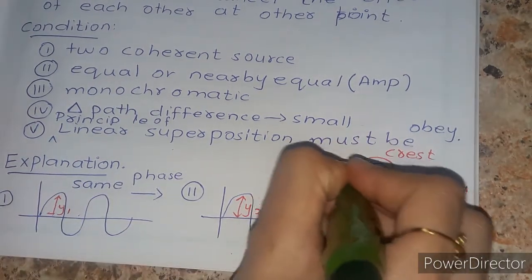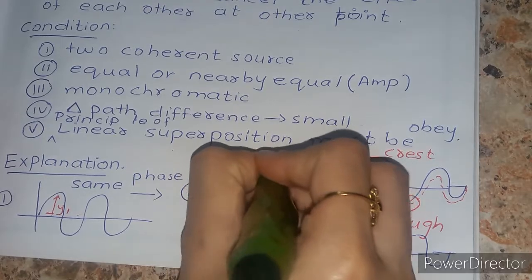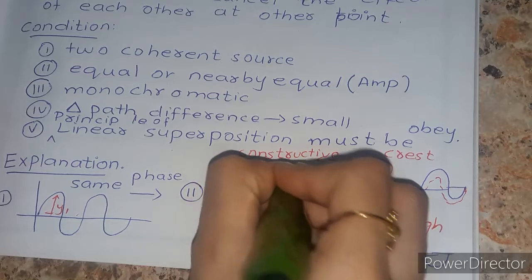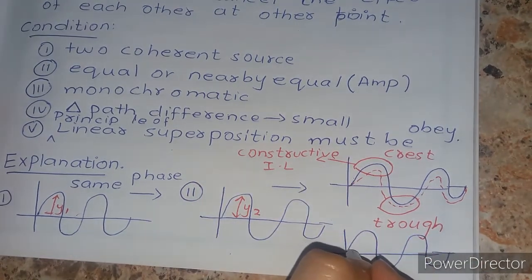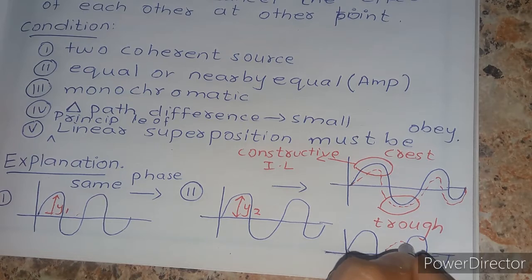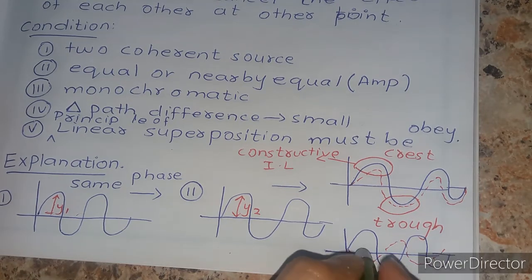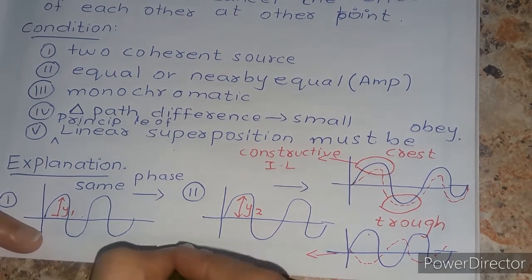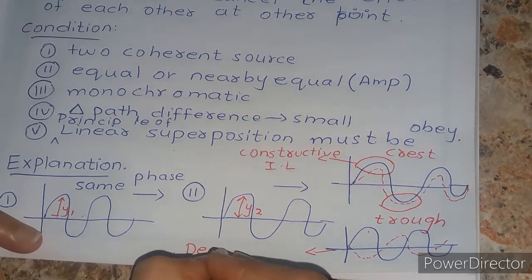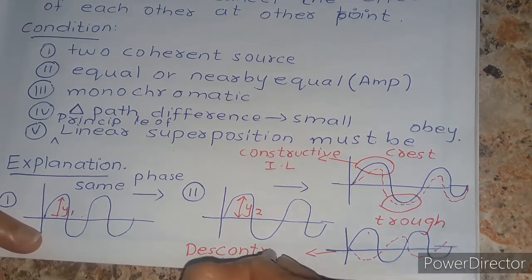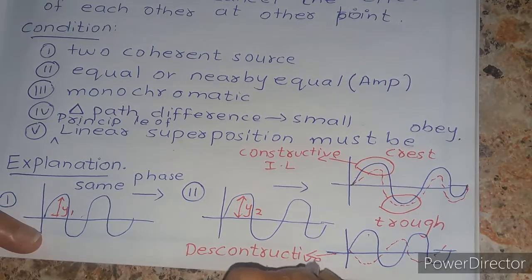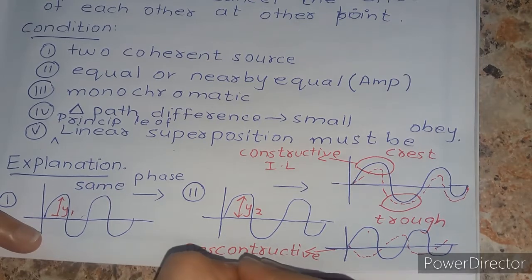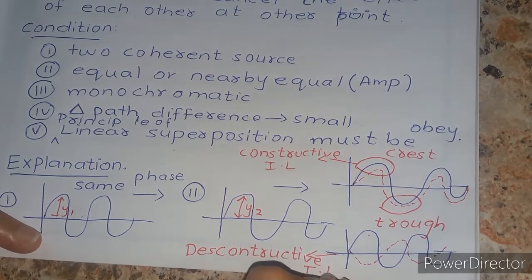If the crest and trough are in opposite directions, like I draw another wave, and they are in the opposite direction, this is called destructive interference of light.